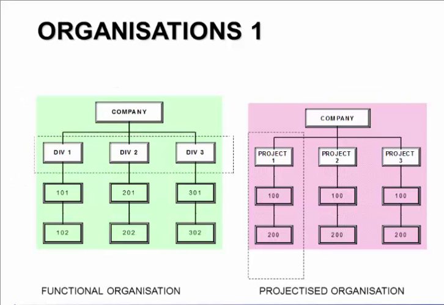Okay. So the organization of teams within a project can be many and varied, and generally project teams are collected together for a specific purpose, and then they are disbanded. Now that is different to a functional organization, which generally has a stable organization.